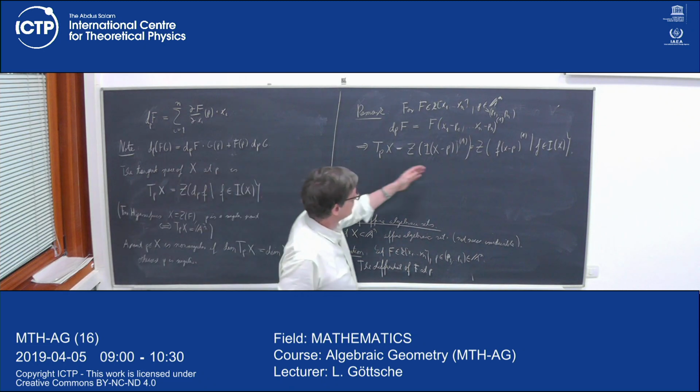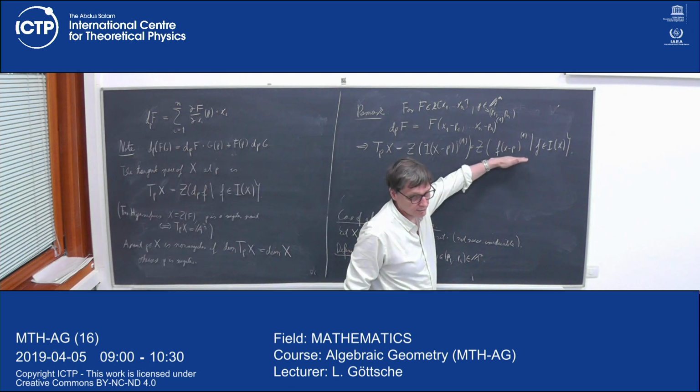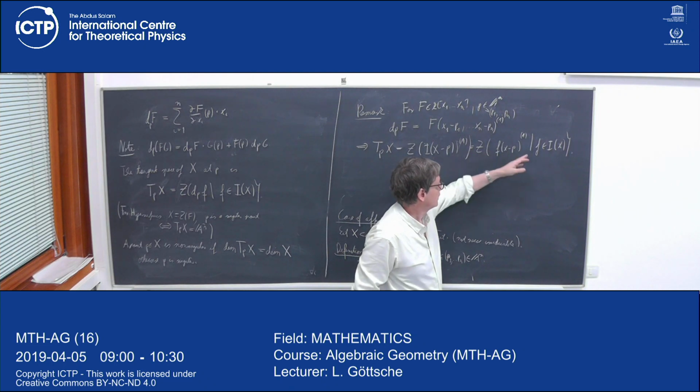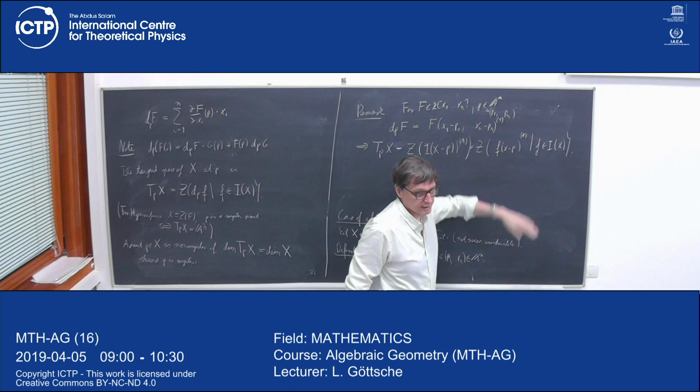So you can really see it's a linear approximation. We just replace all the polynomials that define our X by their linear part, and we get the tangent space.